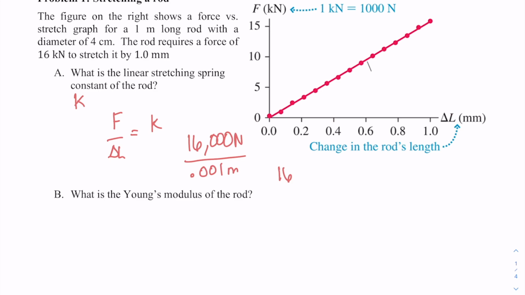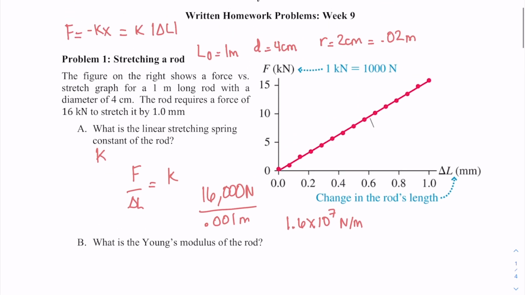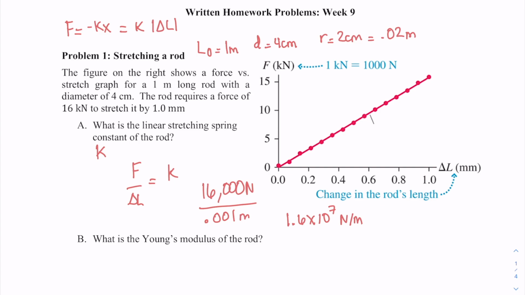It might be a little bit easier to do it in scientific notation, so 1.6 times 10 to the 7th newtons per meter. But yeah. Sound good so far?